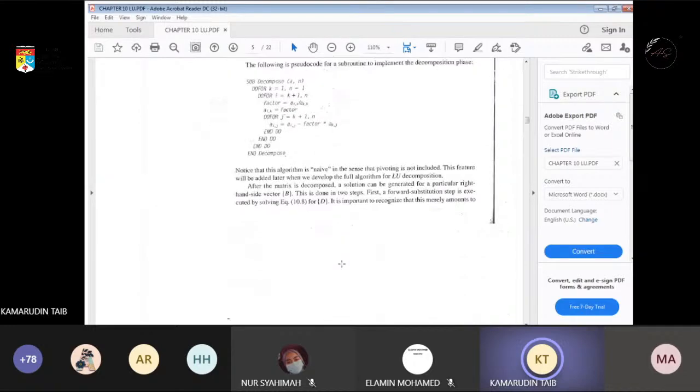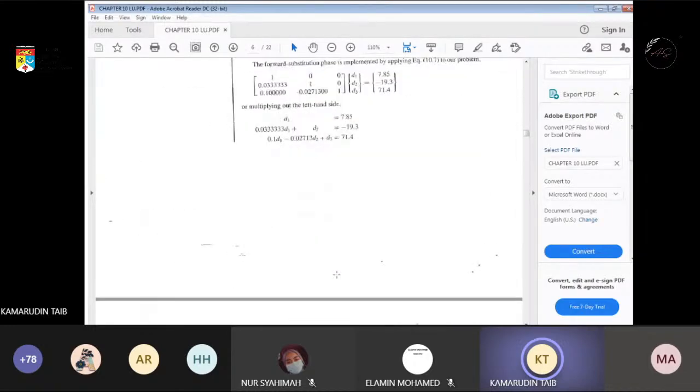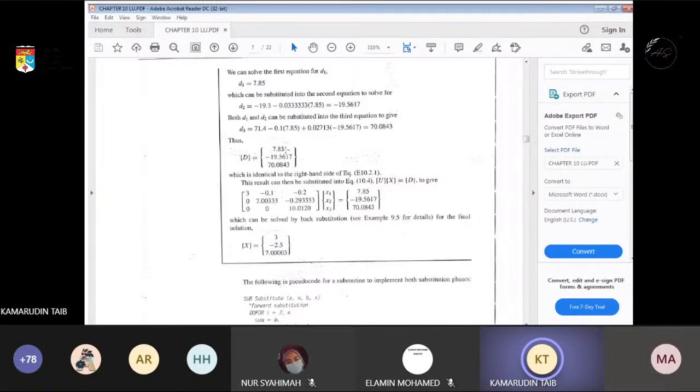So this D becomes the right hand side of Ux equals D. And using backward substitution we can solve for x. What does backward substitution mean?